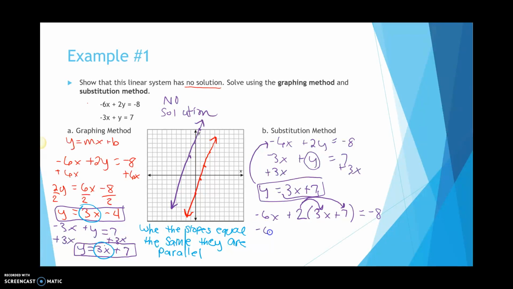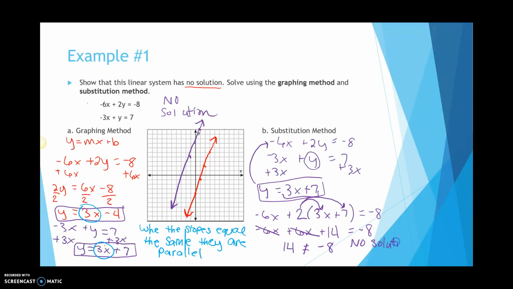So we have negative 6x, 2 times 3x gives me a positive 6x, and 2 times 7 gives me 14. That equals negative 8. Notice my negative 6x and positive 6x cancel, and I have 14 equals negative 8. 14 does not equal negative 8, so that means it's no solution.